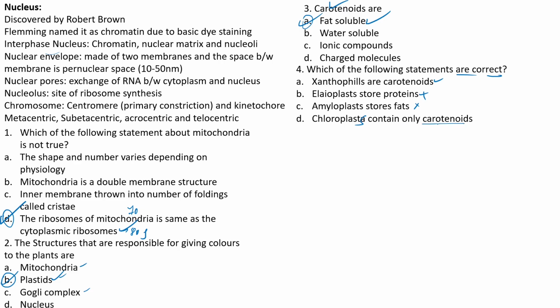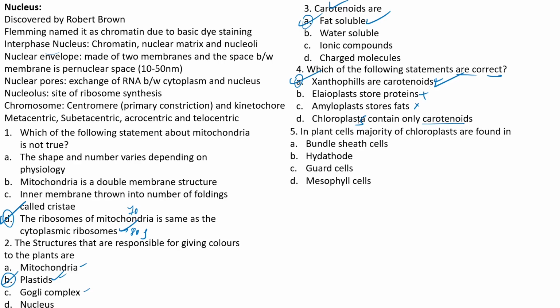No, they contain chlorophyll and many other different types of pigments. So the only correct statement is the first one, that xanthophylls are carotenoids. Along with the xanthophylls we also have carotenes, right? So according to this question, statement A is more correct compared to the other three statements.